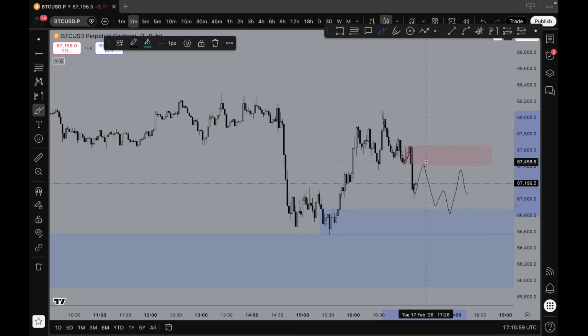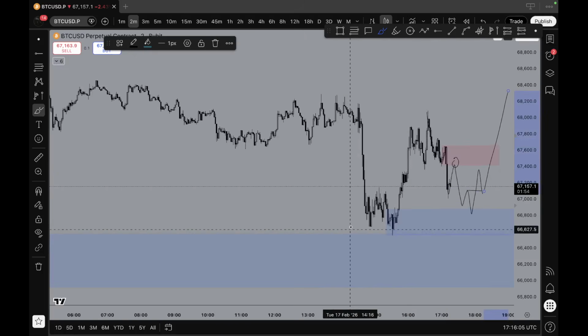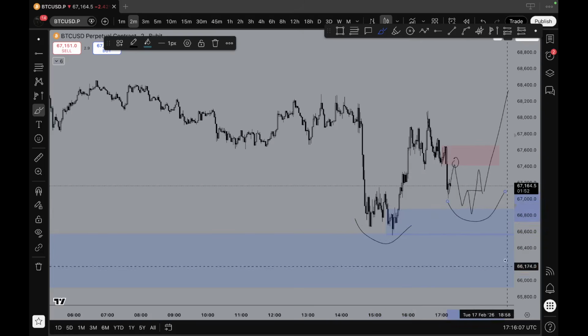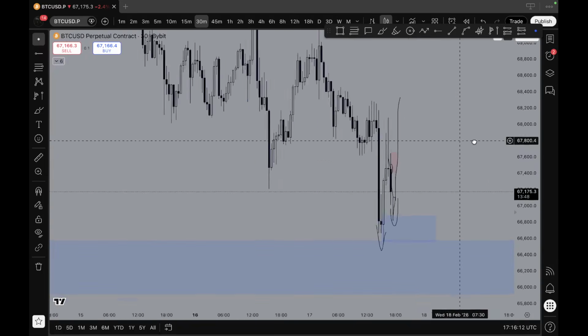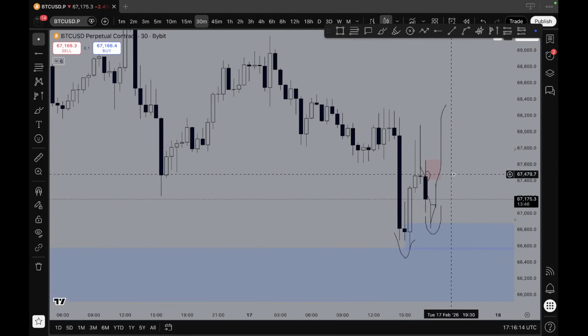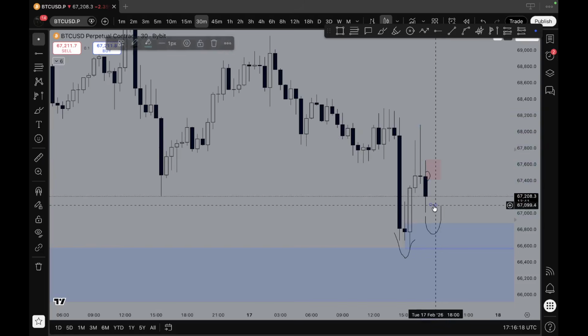And at this point, supply is already getting taken out. So then you can look for, after the break structure, potentially for longs to play that 2-tap, 3-tap right there. But it can also take a bit more time, because right now they are pretty close to each other. But yeah, there are always a lot of ways how it can play out.